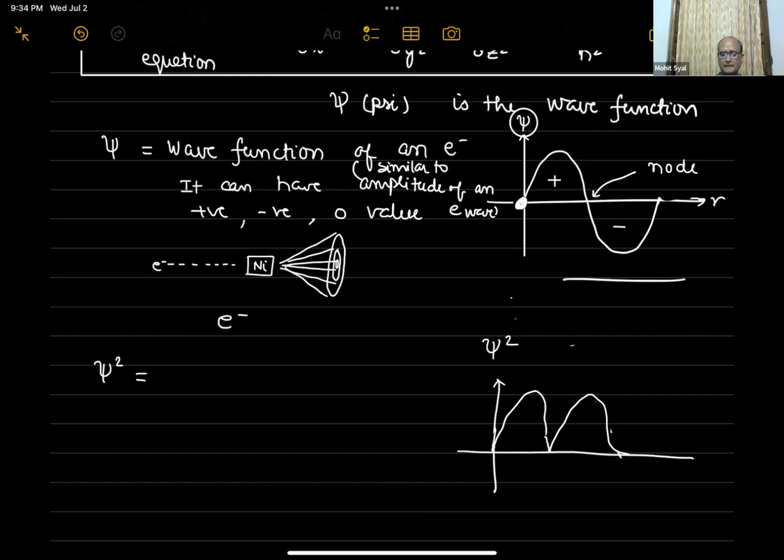So the y is basically the psi we are writing in the graph, because psi is the amplitude of the electron wave. But that is just the electron wave. Actually, we are interested in finding the electron. So we need to make a graph for psi square. We need to know the value of psi square.